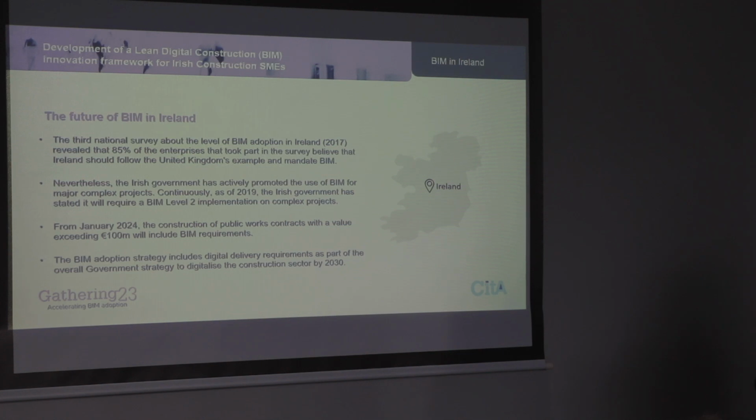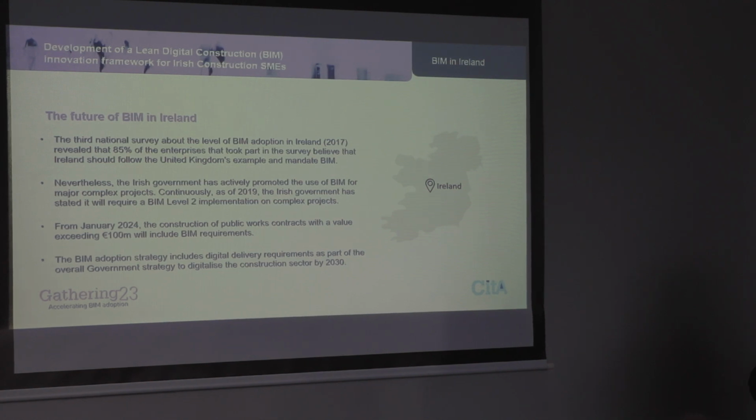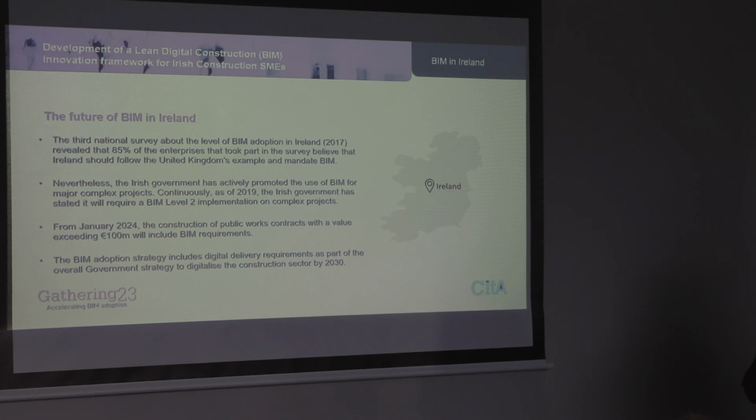The third national survey about the level of BIM adoption in Ireland occurred in 2017. The result is that 78% of the enterprises want BIM to be mandated in Ireland as well, so they want to follow the UK's example. Nevertheless, the Irish government has actively promoted the use of BIM for major and complex projects.